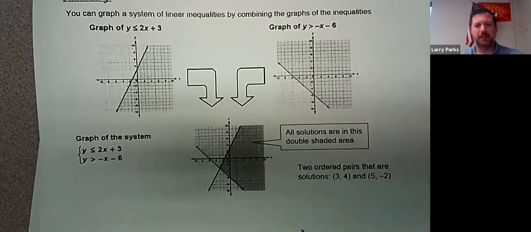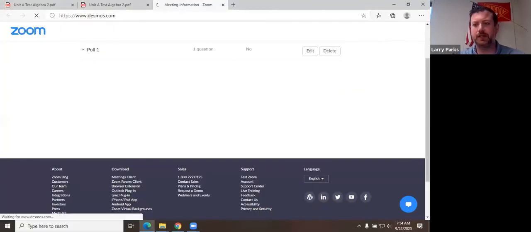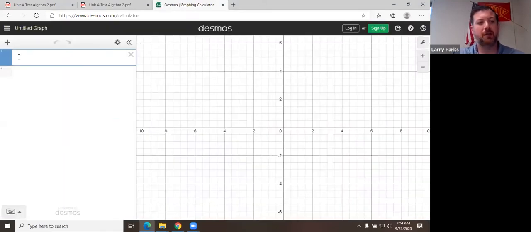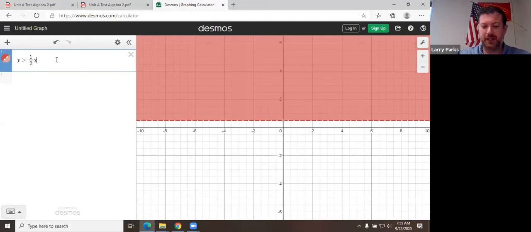Now, I don't remember if the graphing calculator can do this. I should have checked this before. But you can use Desmos. So let's check our work for the last one we just did. Y is greater than 1 divided by 2, x minus 2.